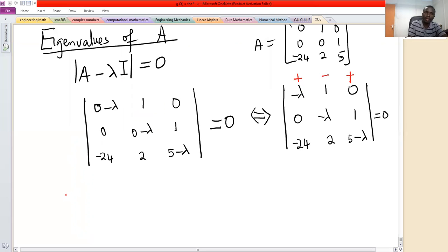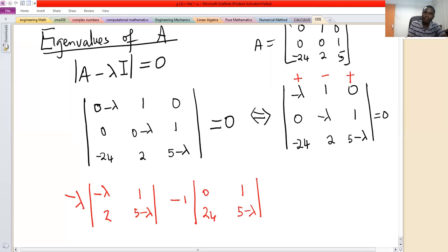So this one will be minus lambda times the determinant of, delete this row, delete this column. So we have minus lambda times the determinant of 2, 1, 5 minus lambda, minus 1, delete this column, this row, 0, 24, 1, 5 minus lambda.